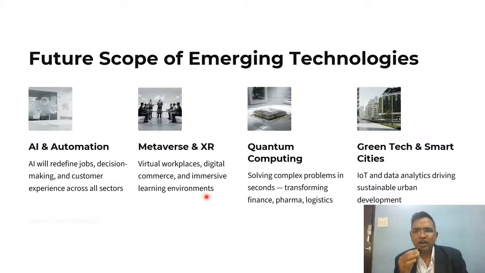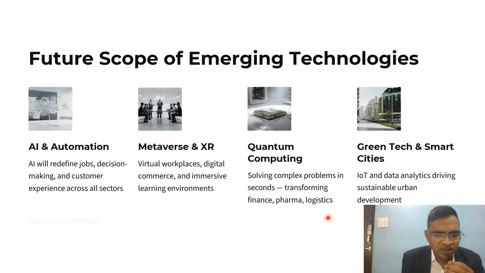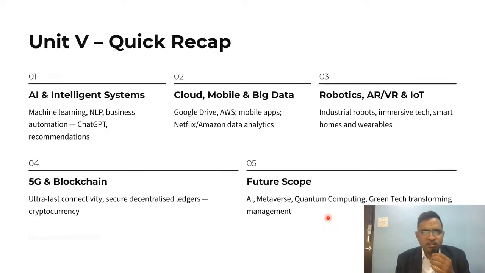Quantum computing can solve complex problems in a second, transforming information technology, finance, etc. Green and smart cities: the Internet of Things can make urban development, which creates a lot of pollution, green. This is the future scope of emerging technology.